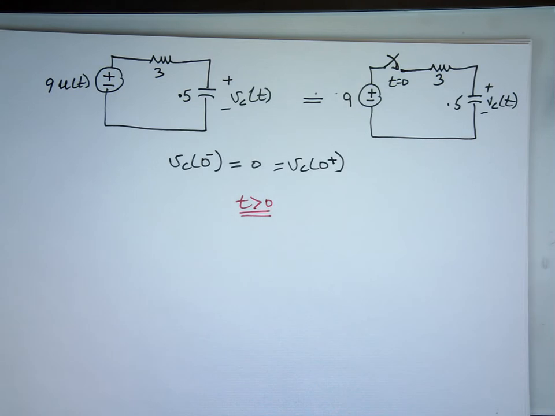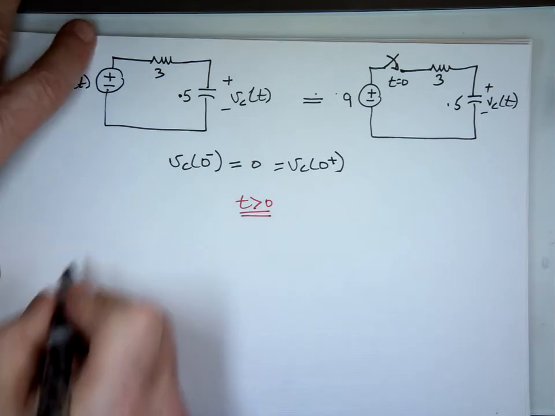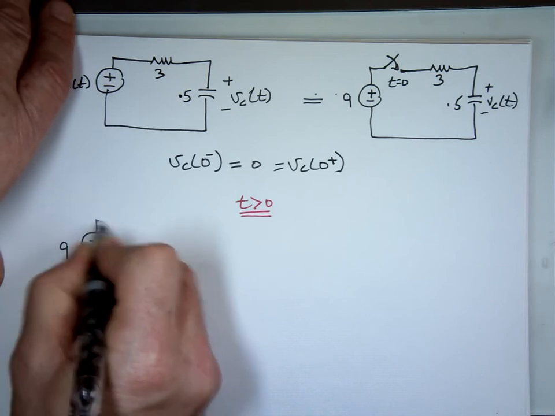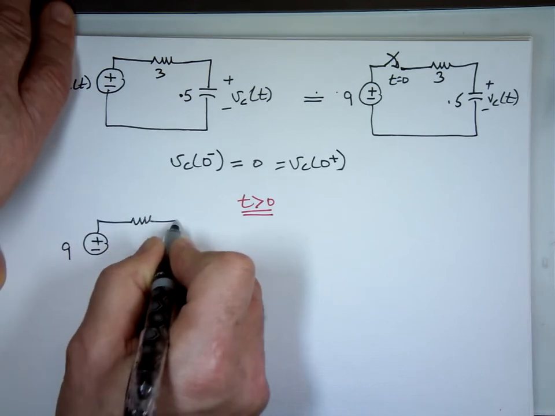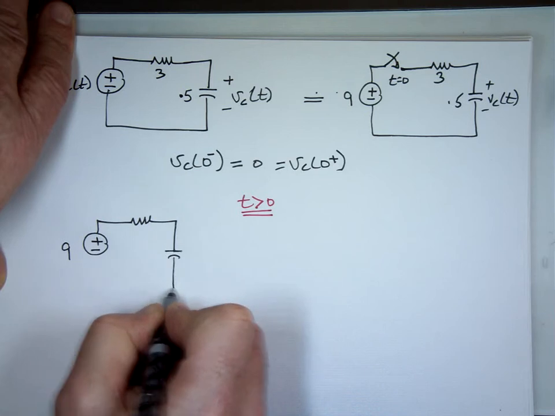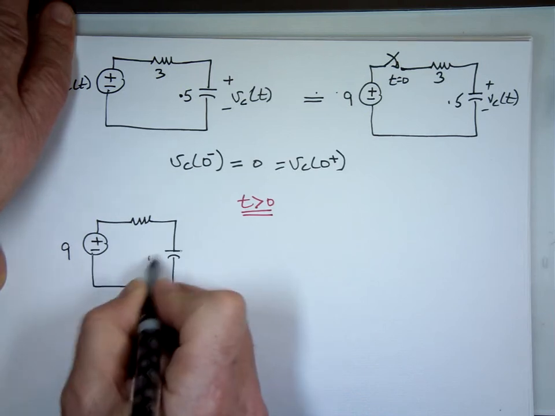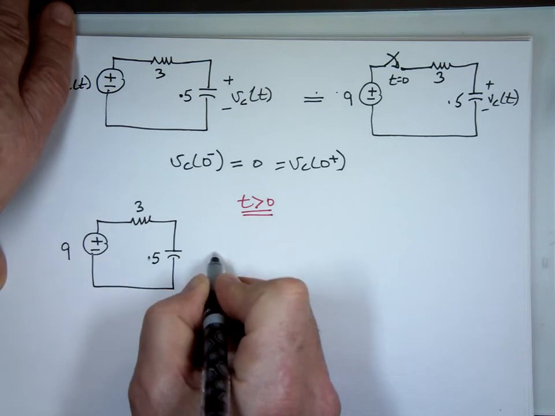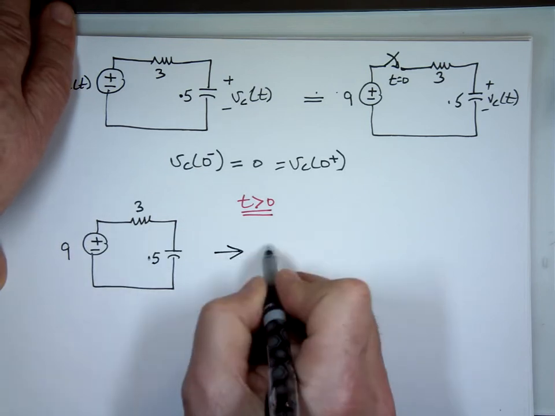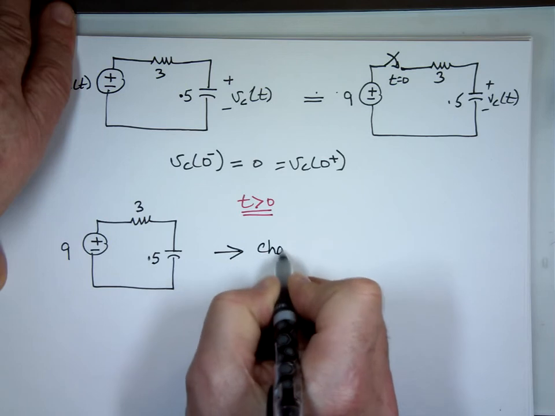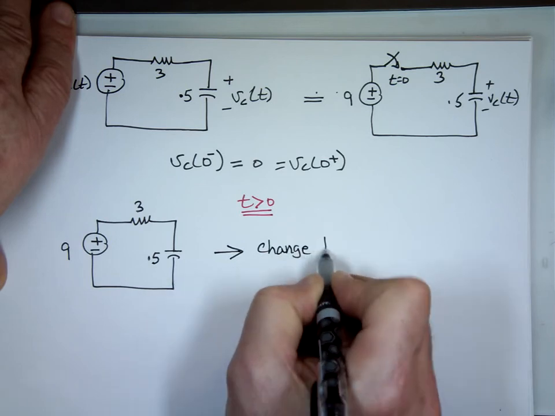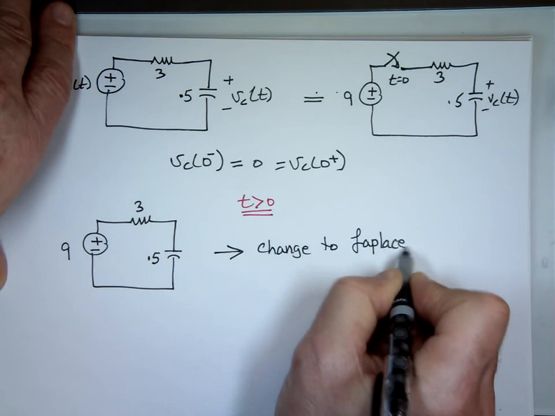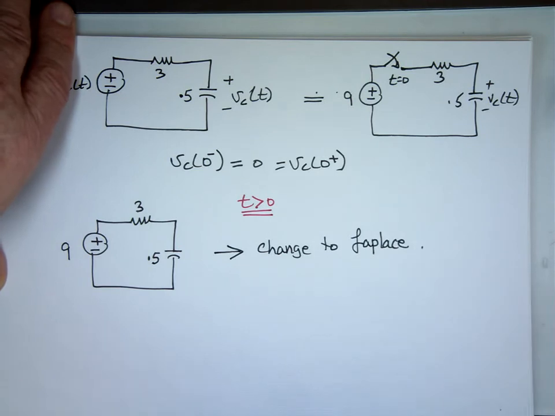This is what my circuit looks like. 9 volts, 3, and 0.5. Remember the 3 steps. Change to Laplace. Let me change that circuit to Laplace. The Laplace of 9 is 9 over S, right?